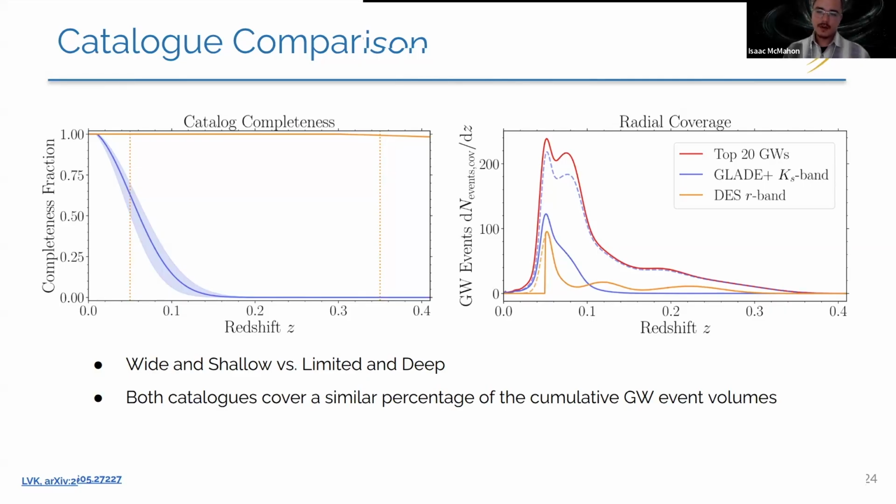And so what ends up happening is that if you take the area under all of these curves, you can find out what percentage of your gravitational wave event volumes is actually covered by each catalog. And what we find is that both catalogs cover a similar percentage of the cumulative gravitational wave event volumes, which means that we actually expect them to give us similar results, even though they have different philosophies about which galaxies to cover and how much of the sky to cover. And so now I'm going to pass it on to Alex to talk about our results.